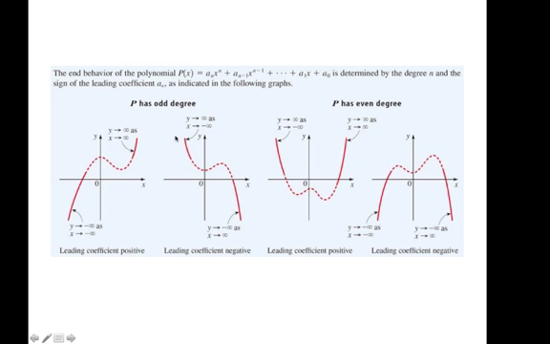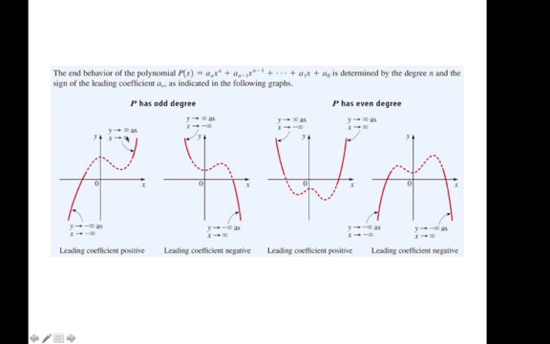And really, it helps me to see a picture of it. So here are our two big cases. And then within each big case, there are two small cases. So p has an odd degree, p has an even degree. So we're talking about like x to the first, x cubed, x to the fifth. On that one, you're going to have your ends going in two different directions. One end is going to go up and one end is going to go down.